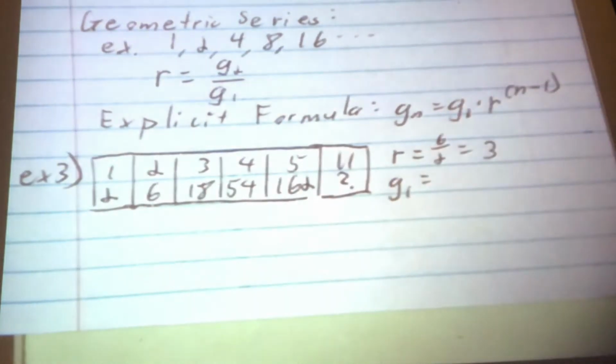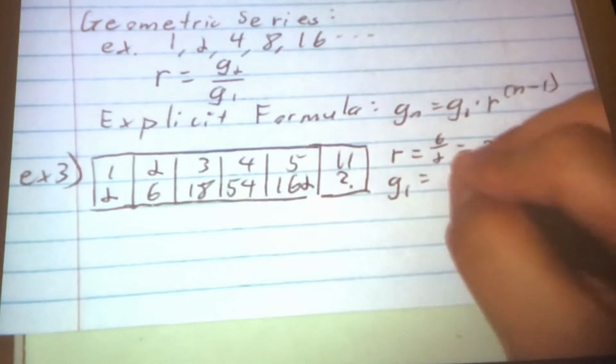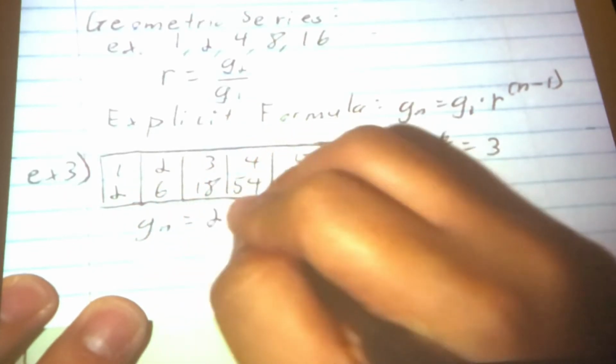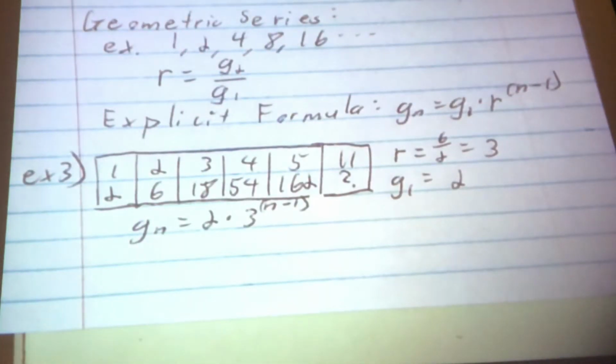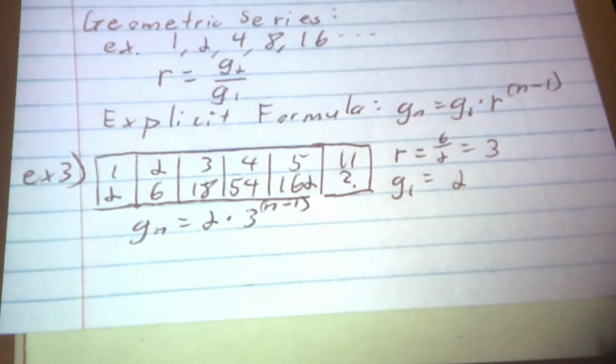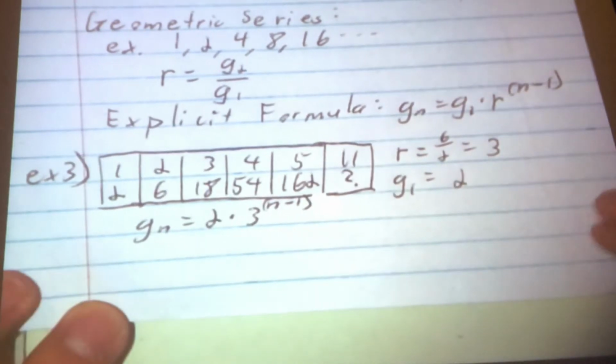My first term is 2. So if I wanted to just write the formula for this, it would be G sub n is equal to 2 times 3 to the power of n minus 1. Next, as it says, I'm trying to find my 11th term.